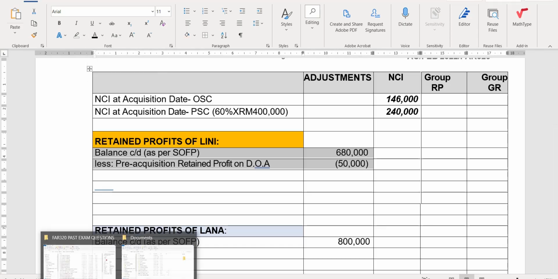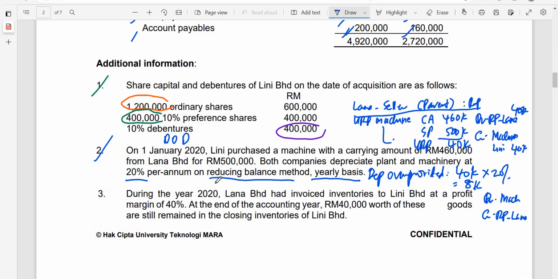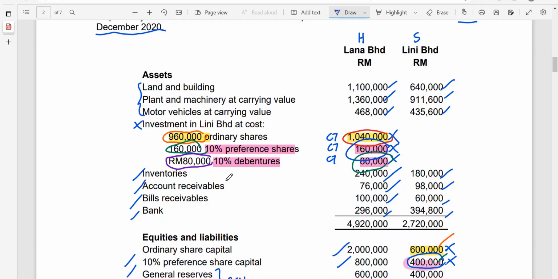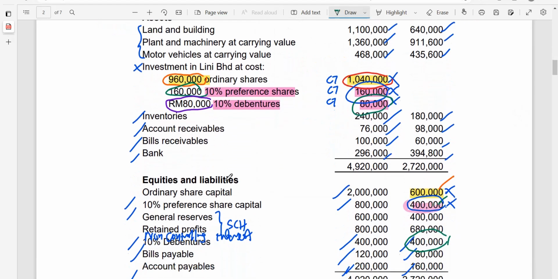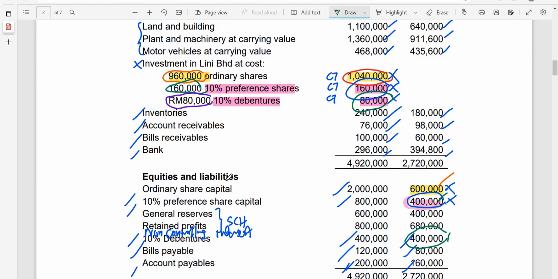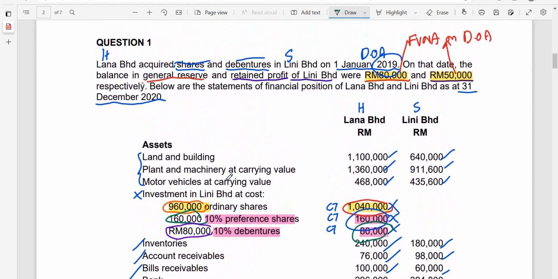So let me show you, and you can also do that for Lini's section as well. We can take it from here. This is for Lana and this is for Lini. Put those two figures in the correct section, and for Lini, remove the pre-acquisition retained profit balance.